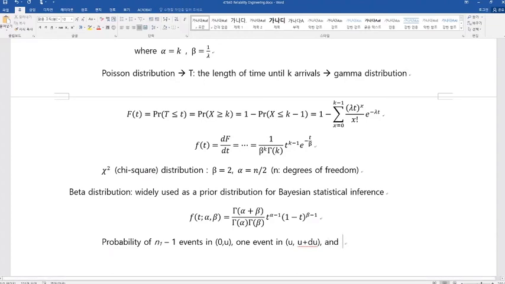And n2 minus 1 events in u to v. So what you can see here is how many events in total occurred.